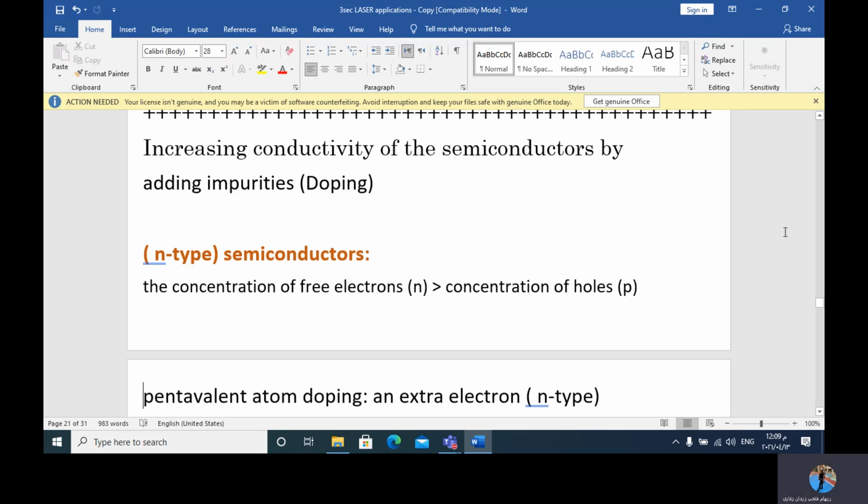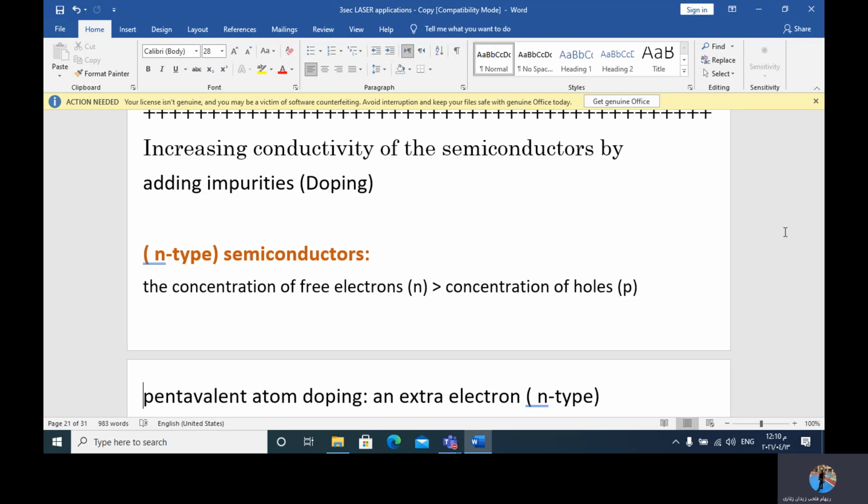Doping means adding impurities. What we mean by impurities is that we add another atom, different in its valency from the original atom inside the crystal. So adding an impurity means adding an atom, and this atom has to be different in its valency.